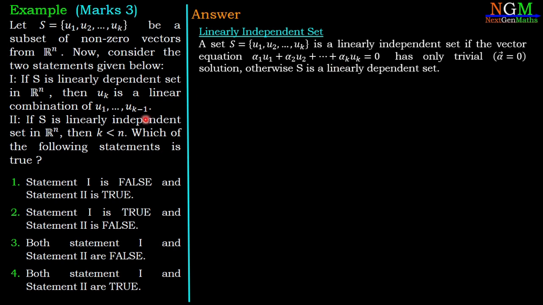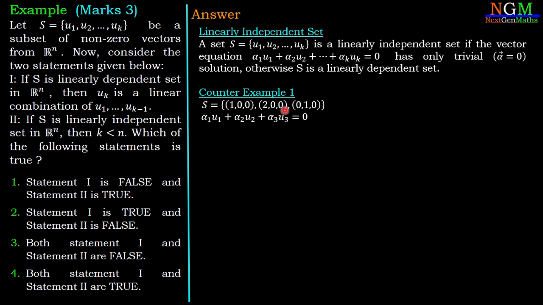Now here we will use counter examples for statement 1 and statement 2. So first counter example: if we take S equal to {(1,0,0), (2,0,0), (0,1,0)}, it is a subset of R3. Now consider the vector equation alpha 1 u1 plus alpha 2 u2 plus alpha 3 u3 equal to 0.